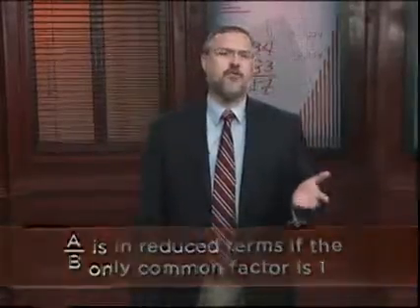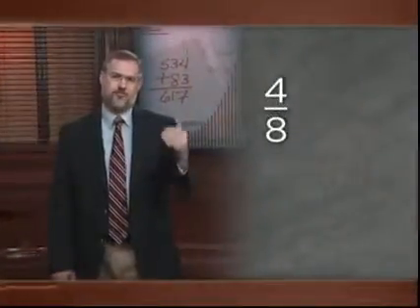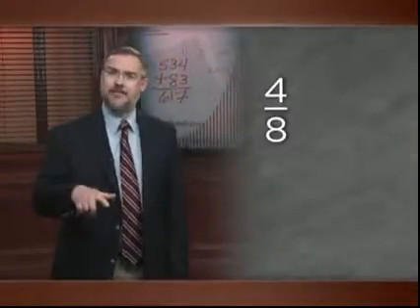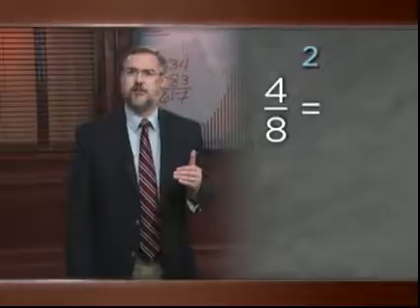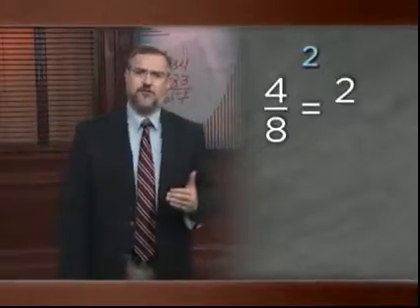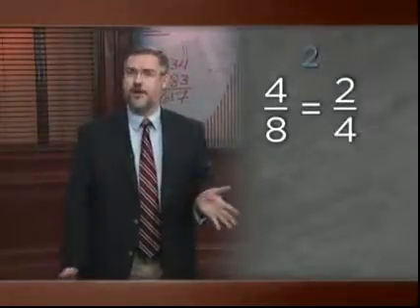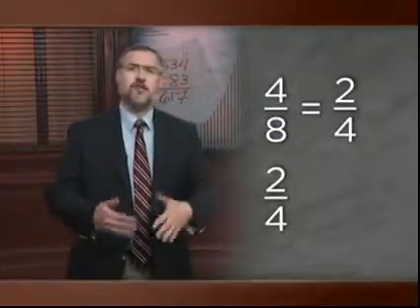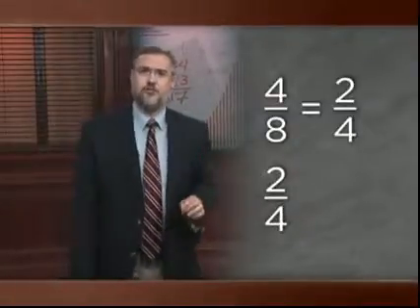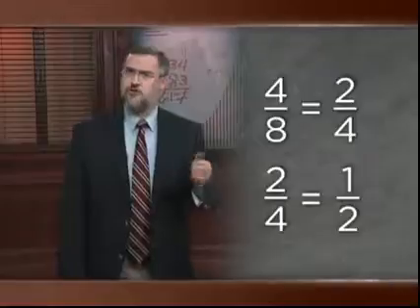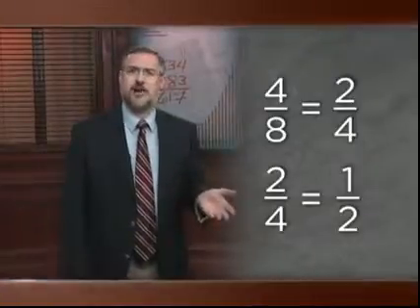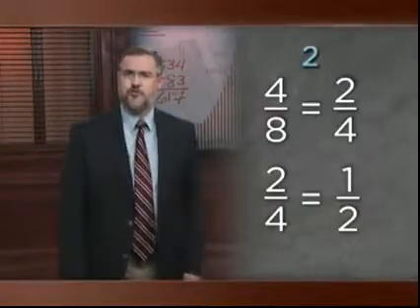So, for example, 4/8, or 4 divided by 8, is not in reduced terms because both the 4 and the 8 share a common factor. In this case, a factor of 2, because 4 is evenly divisible by 2, and 8 also is evenly divisible by 2. 2/4 is also not in reduced terms because the 2 and the 4 also have a common factor, again, a 2.